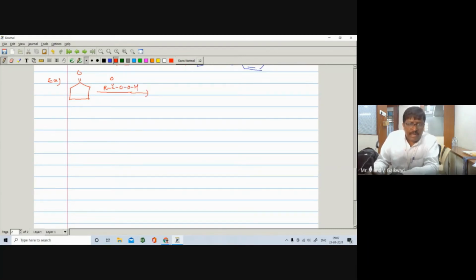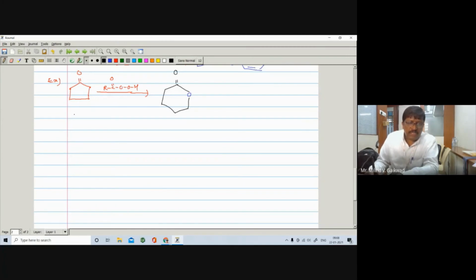Now look here. Here is the carbon, and here is also a carbon. So we have to introduce oxygen between the carbonyl carbon and the carbon. It is a 5-membered ring, and now it becomes a 6-membered ring. You get such a compound, C double bond O. Here there is a formation of such a cyclic ester.